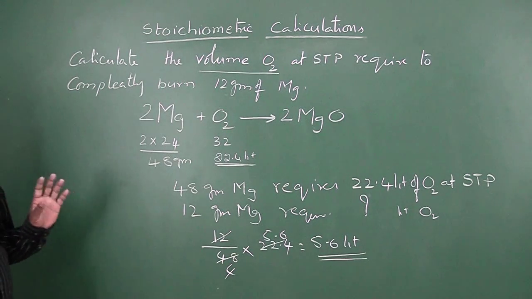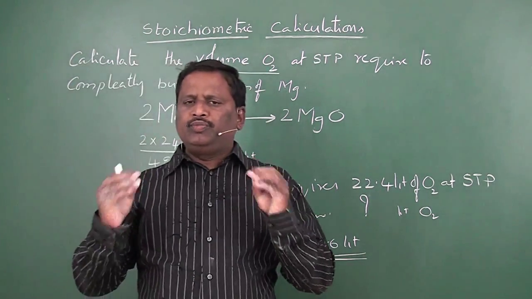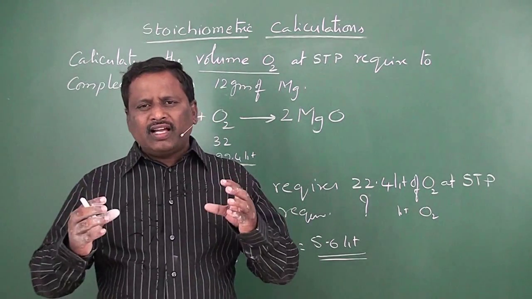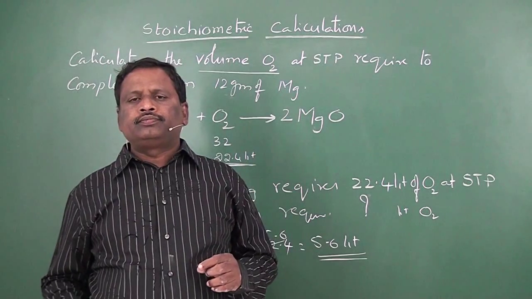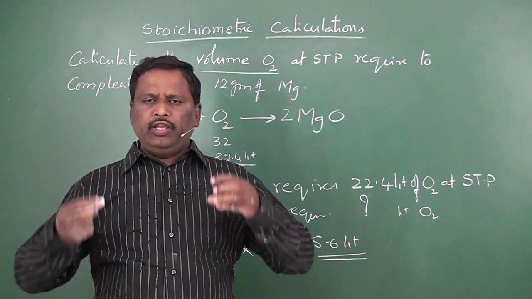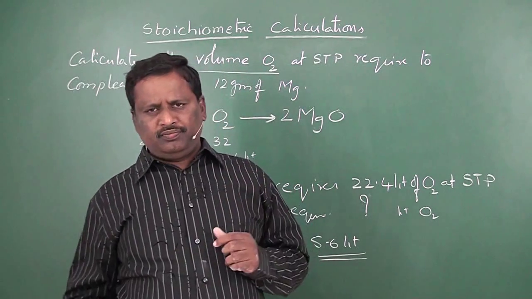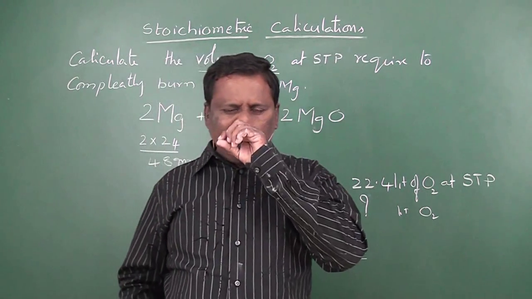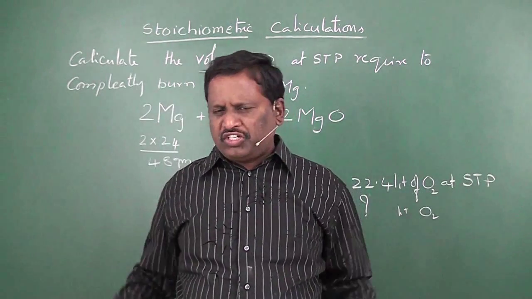Just simple. In any of the stoichiometric problems, first you should observe what the equation or the reaction is. What is the reaction involved to solve the given problem? Generally they won't go for new and unknown equations.